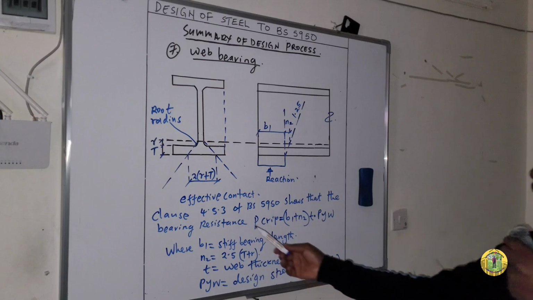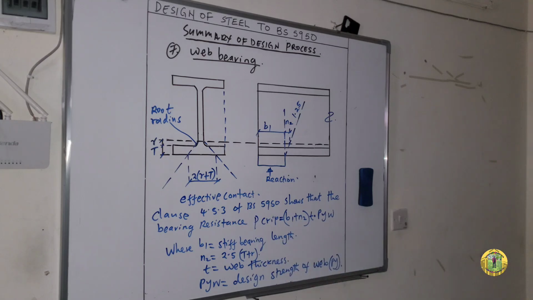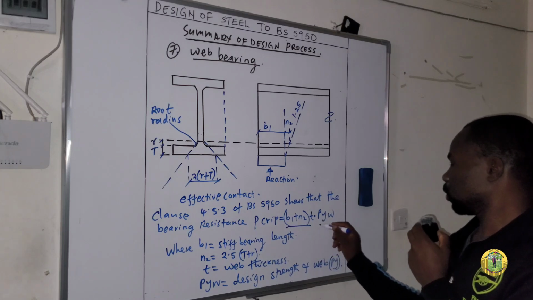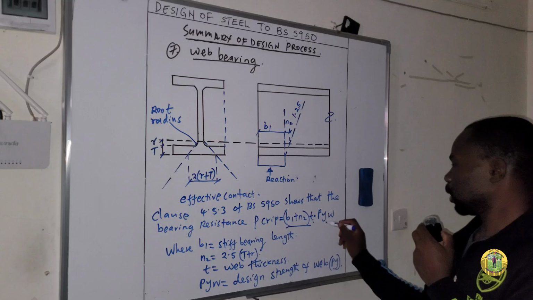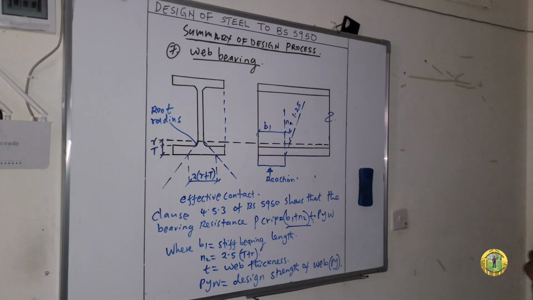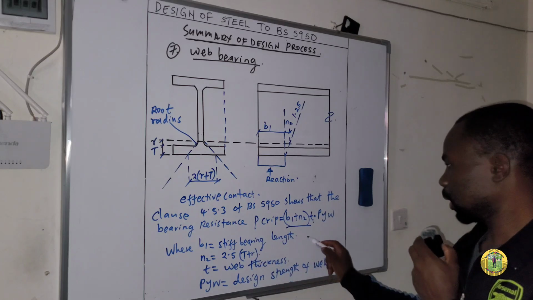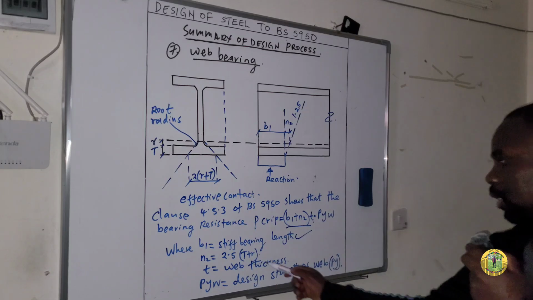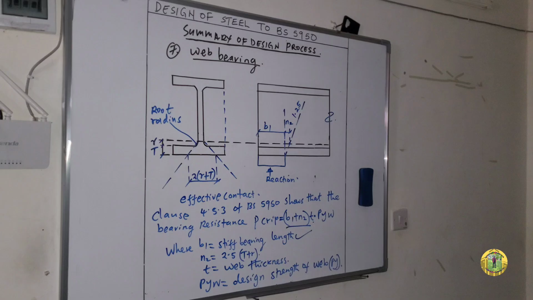Clause 4.5.3 of BS 5950 shows that the bearing resistance is equal to (B1 plus N2) times t times Pyw, where B1 is the stiff bearing length and N2 is 2.5 times (t plus r). t is the web thickness, and Pyw is the design strength of the web, which is Py.